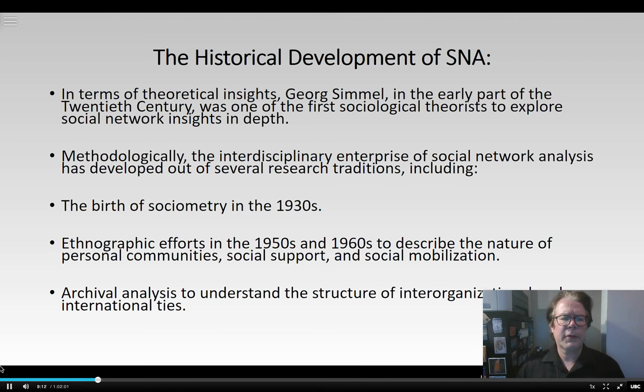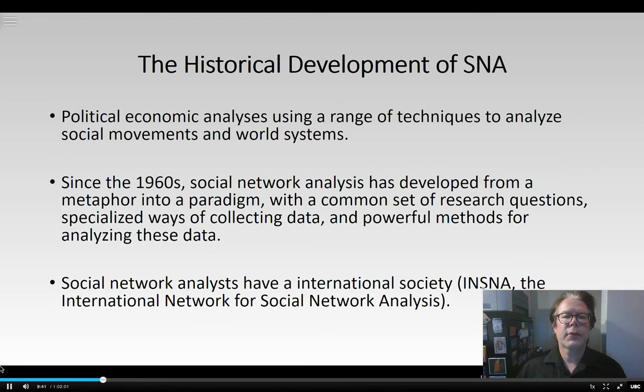In the 1950s and 1960s, there was a qualitative approach to social network analysis that was quite popular, that involved urban sociologists engaging in ethnographies of urban communities and looking at social networks in that context. Also, a variety of different scholars have used archival methods to study social network relations.